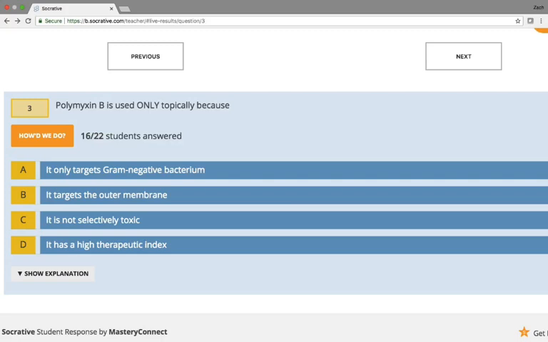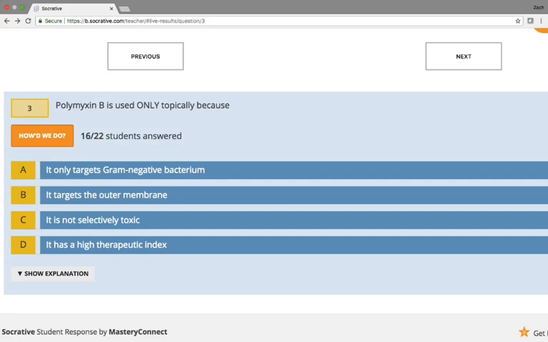And when I was doing this, I thought C was the right answer. It's not selectively toxic because it actually can cause harm to us. And so that's why polymyxin B is considered, even though it's only good against gram-negative and doesn't have an effect on gram-positive, well, it can affect our membranes as well.